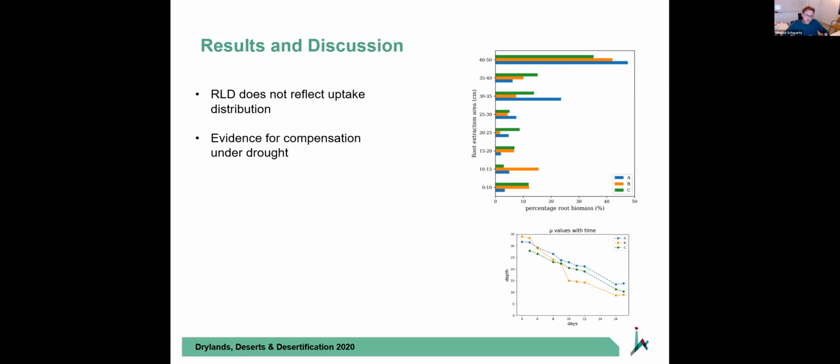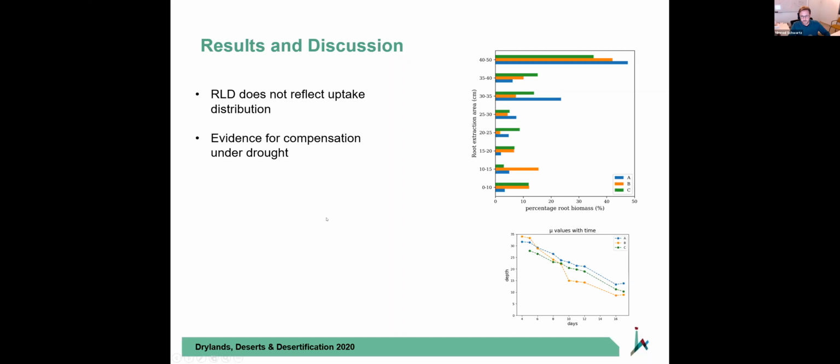And what is interesting, I think, is that first we can see that the root length density does not reflect the uptake distribution. And this is because the soil at the upper layer dries out, and roots extract water from deeper layers. So this is really a clear evidence for compensation obtained with the ERT method.